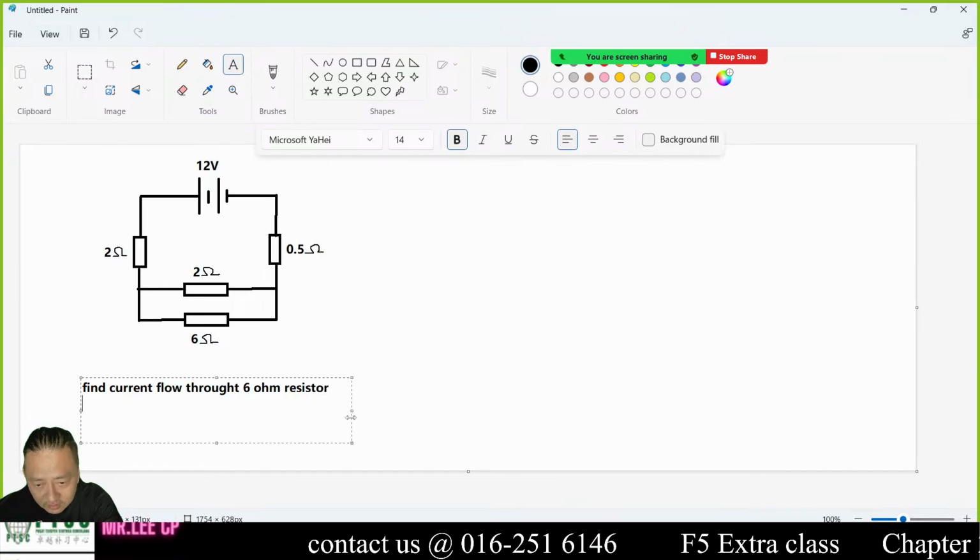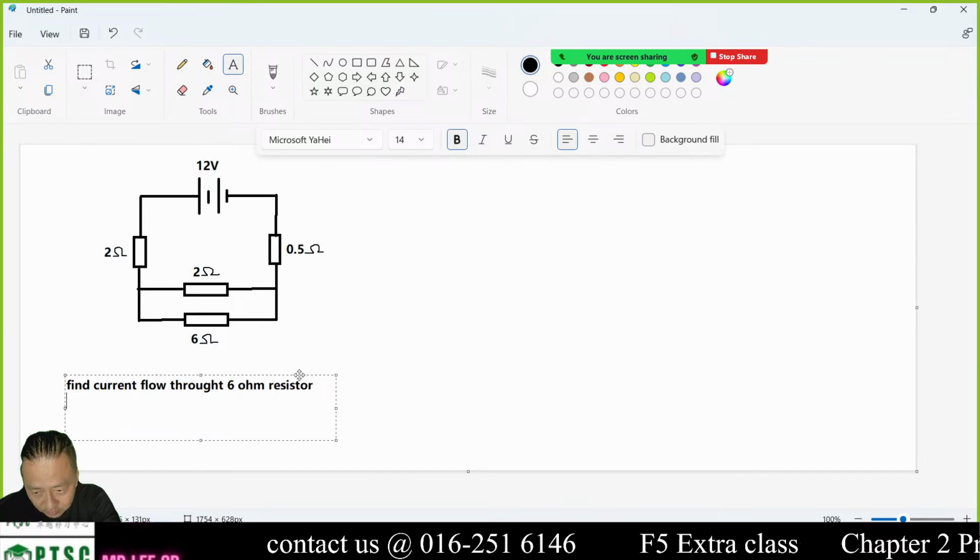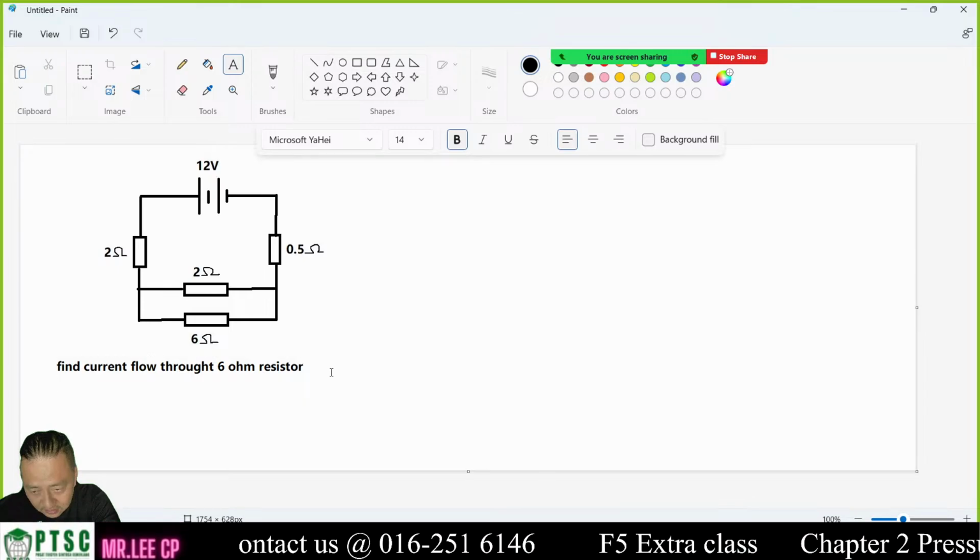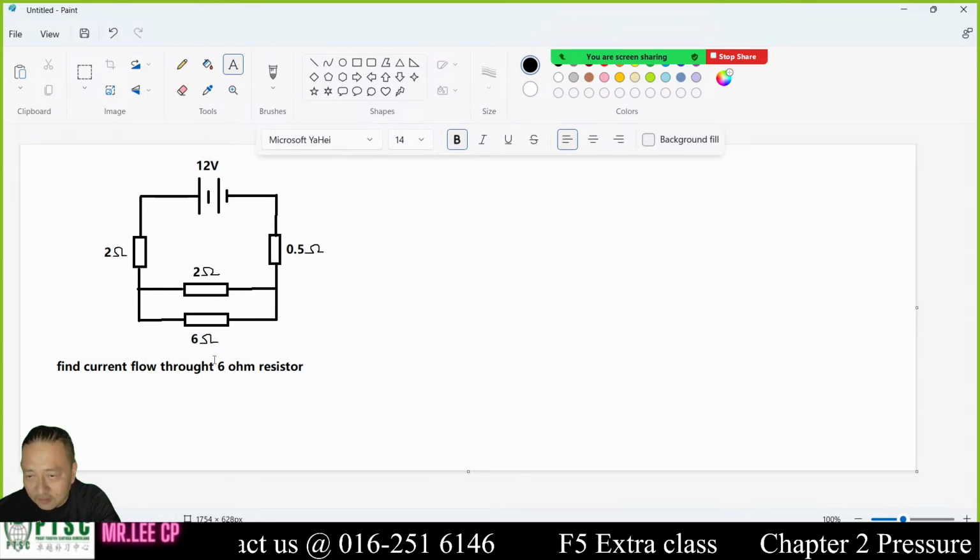Find the current flow through the 6 ohm resistor. Okay? Help me.